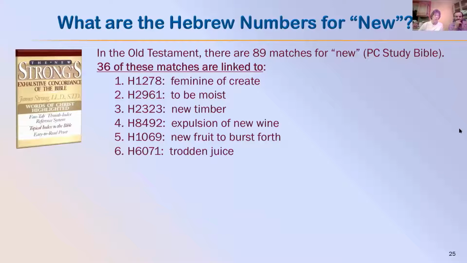This will be your homework. 36 of those matches are linked to these numbers. One means a feminine of create. One means to be moist. This is for new. One means new timber. One means expulsion of new wine. Another one means new fruit to burst forth. And one is talking about trodden juice, which would be like new juice, right?